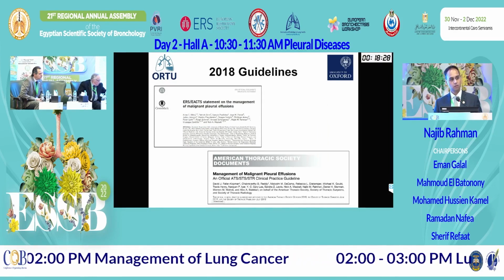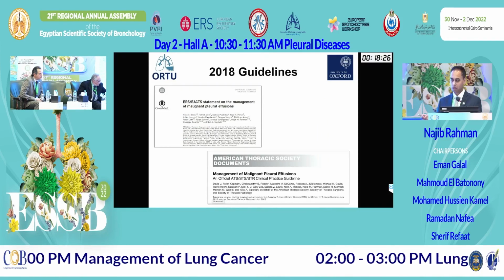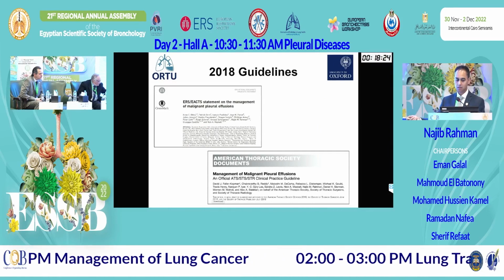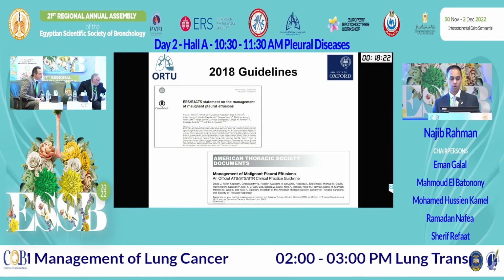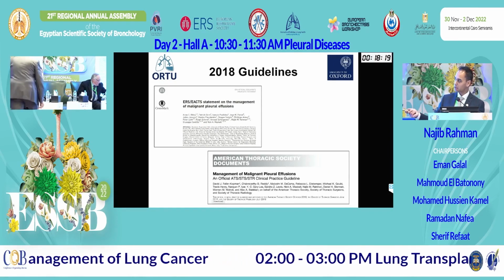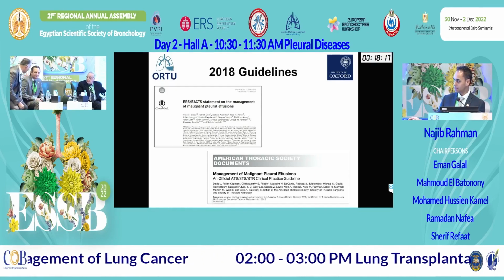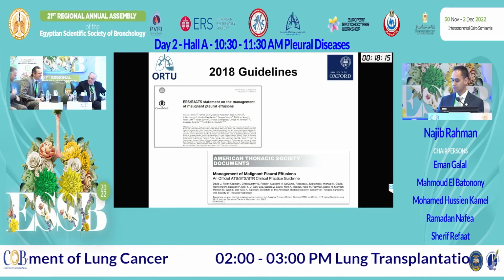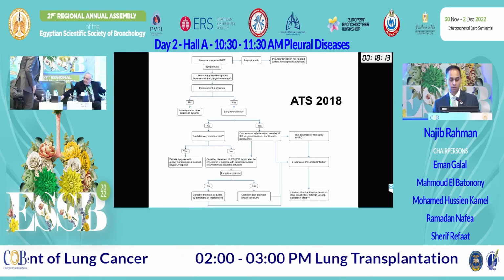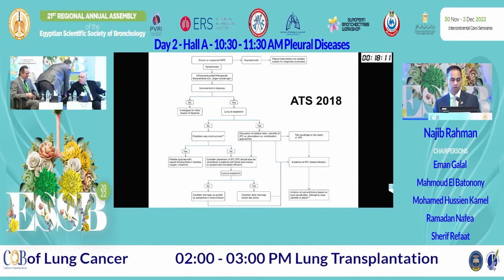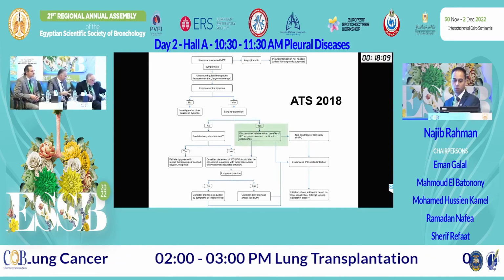So we've got lots of guidelines now. We've got the ERS guideline from 2018, and the ATS guideline from a bit further on. The ERS guideline is good at summarizing some of the data, but doesn't have a flow diagram, whereas the ATS guideline does have a flow diagram, and this is what it looks like. The bit that I'll show you is this.